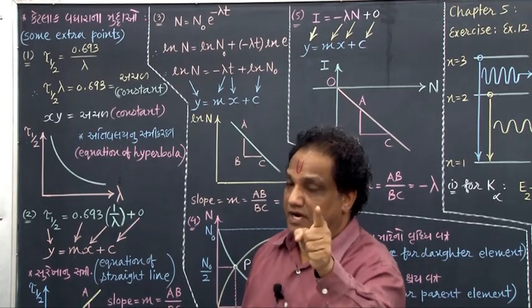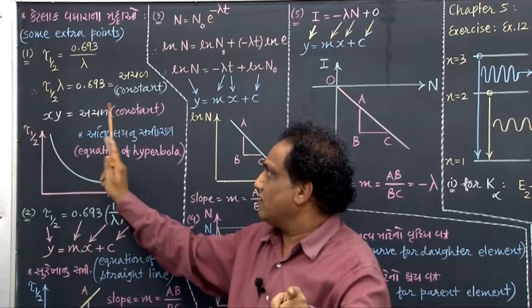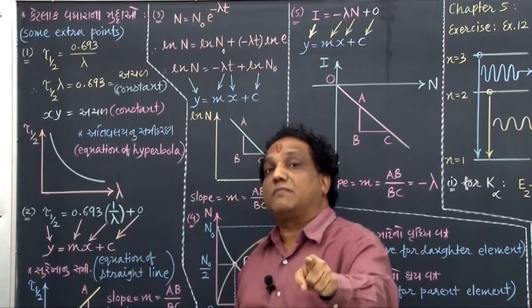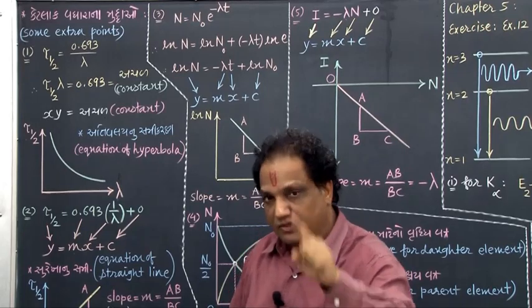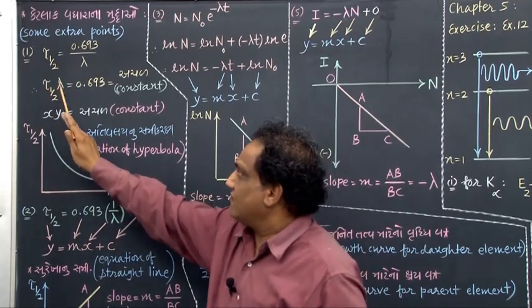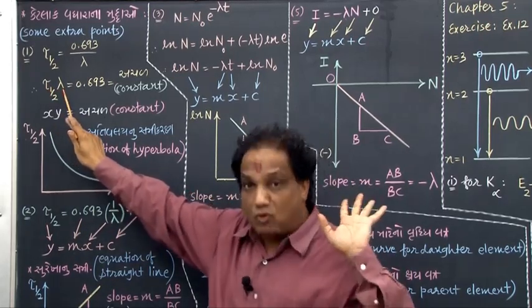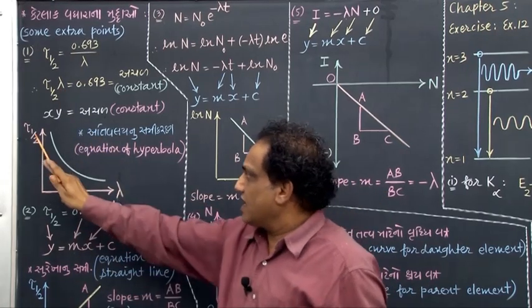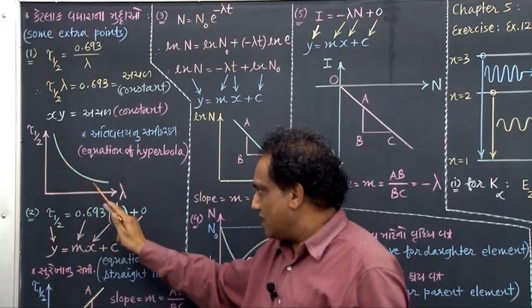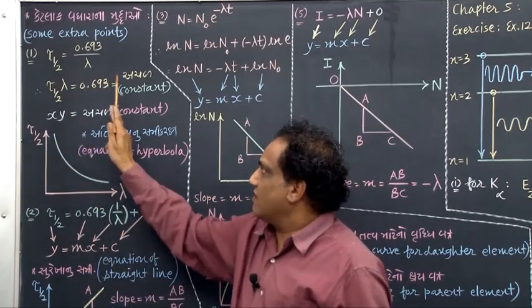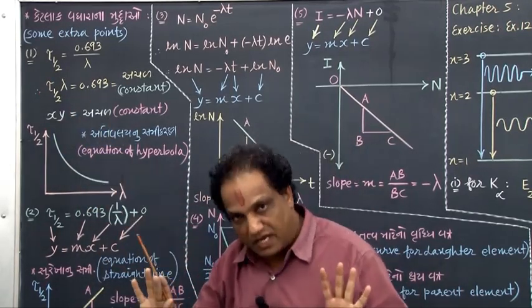Tell me, in mathematics, this equation x into y equals constant is nothing but equation of hyperbola. If it is equation of hyperbola, then graph of tau half versus lambda must be hyperbola. That's why I am showing graph of tau half versus lambda as hyperbola, correct?